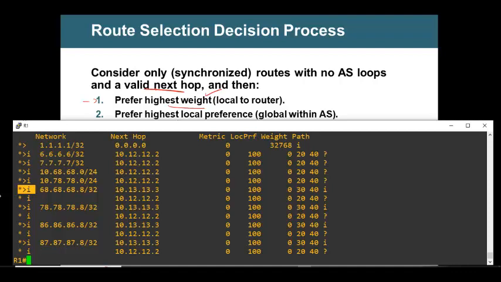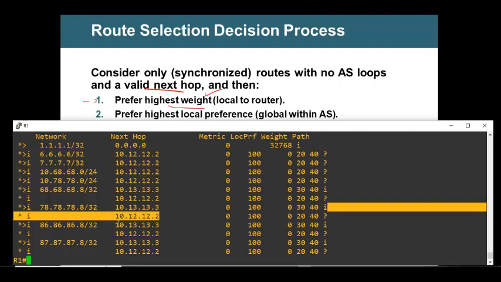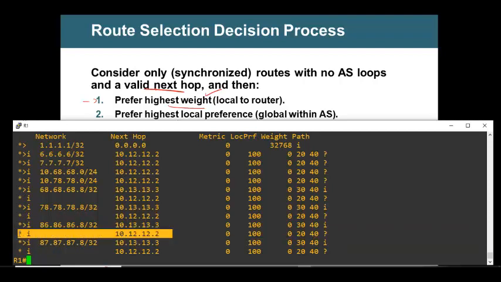The greater than symbol should be here, and here, and here. Right now it is not like that. Isn't it? Right now it is with router 3. I want a shift in this. I'm going to configure weight. Shall we see how to do it?